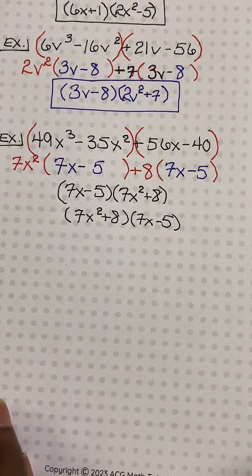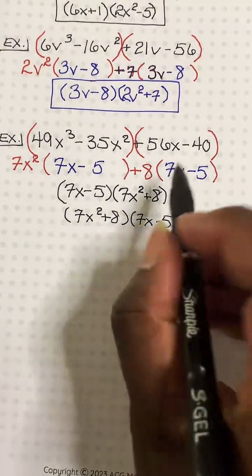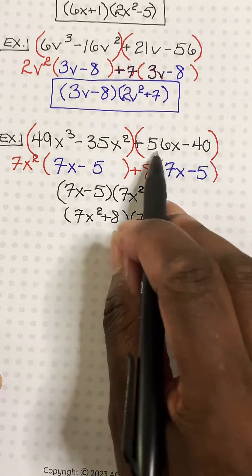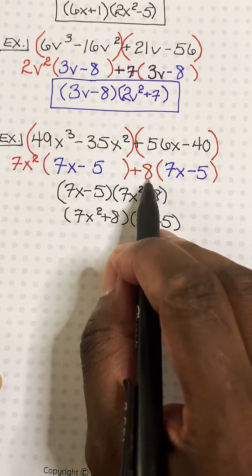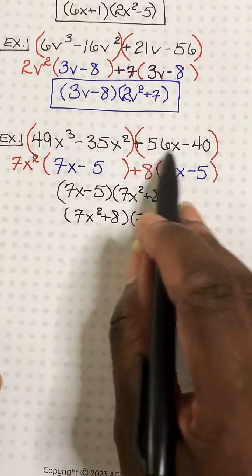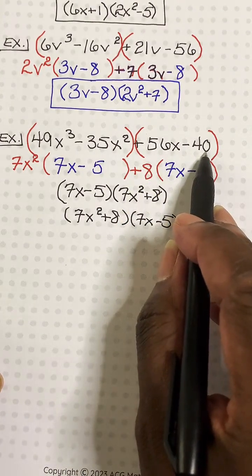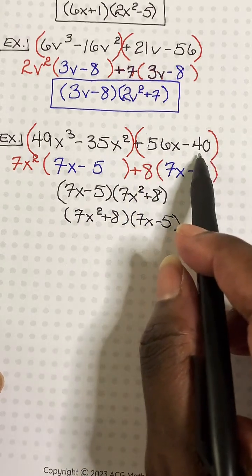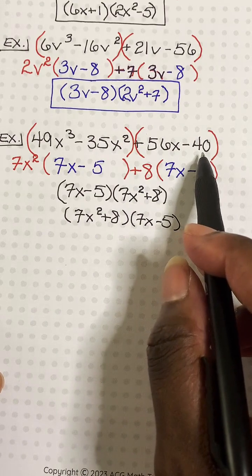All right. So how did I get 8? So 56 and 40. They're both found in the 8 times table. Okay. You could use 2s, but that's not the greatest number they have in common. You could possibly use 4s, but that's not the greatest number that they have in common.